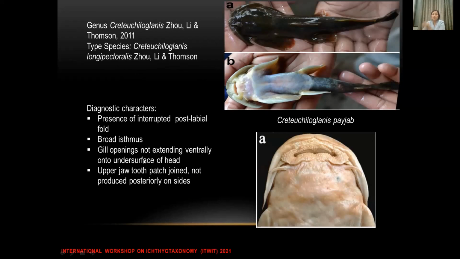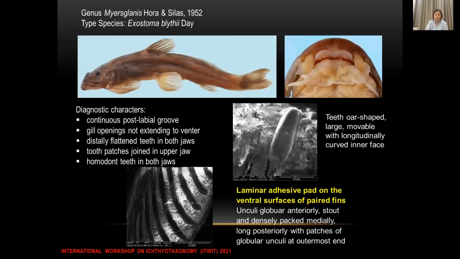Then a broad isthmus and gill openings that do not extend ventrally to the venter. The upper jaw tooth patch is joined and not produced posteriorly on the sides. So these are the generic characters of Creteuchiloglanis.